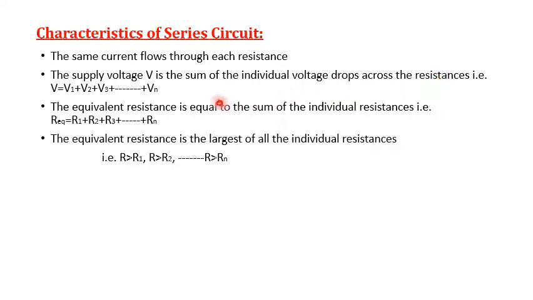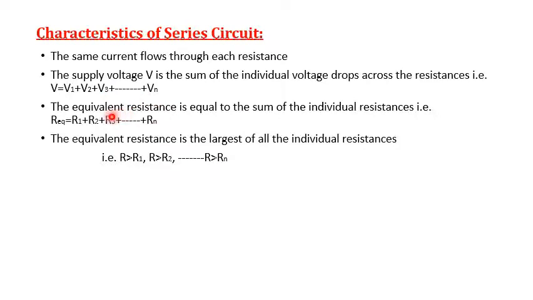That means there are a number of voltage drops, and the voltage across each resistance is different. The net voltage is the summation of all the voltage drops, that is V equals V1 plus V2 plus V3 and so on up to Vn.